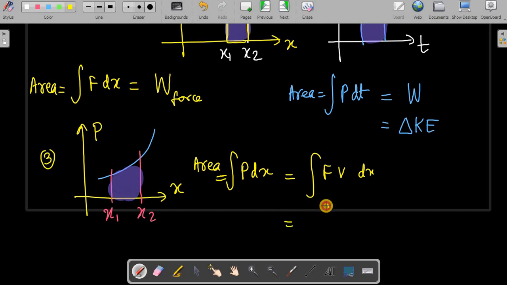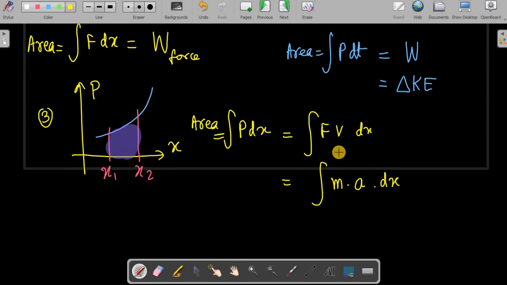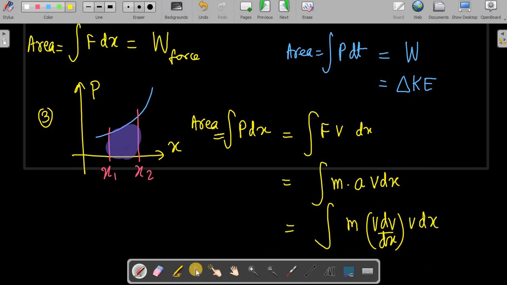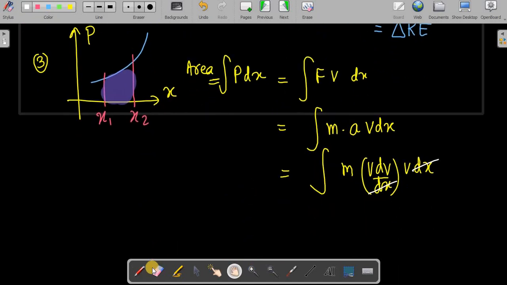Now we can write force as mass into acceleration, so it is mass into acceleration into dx, and v is also there. Acceleration can be written as v dv by dx, so dx will get cancelled out.